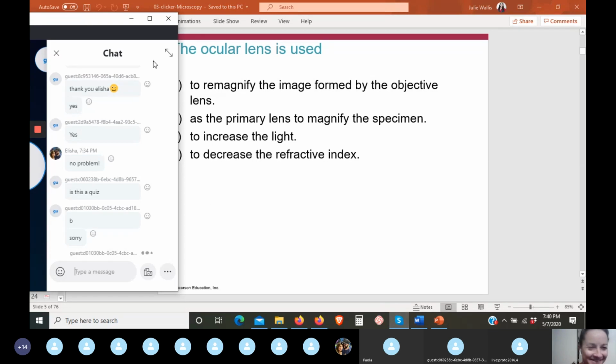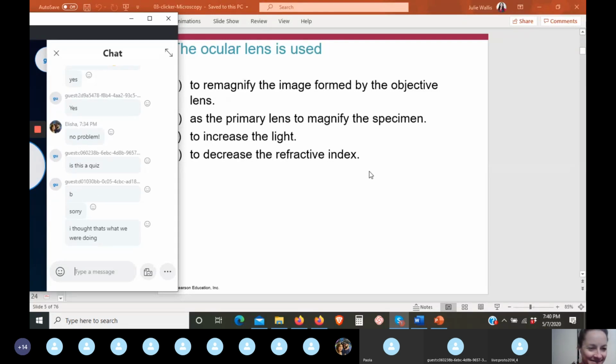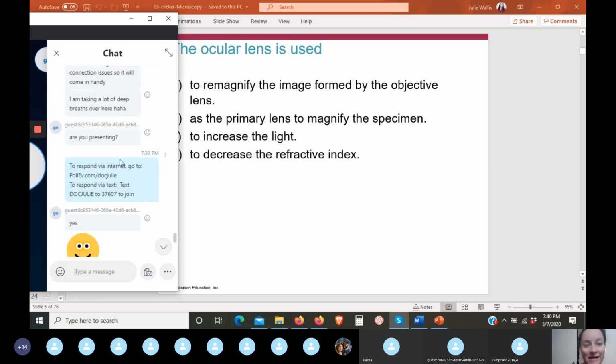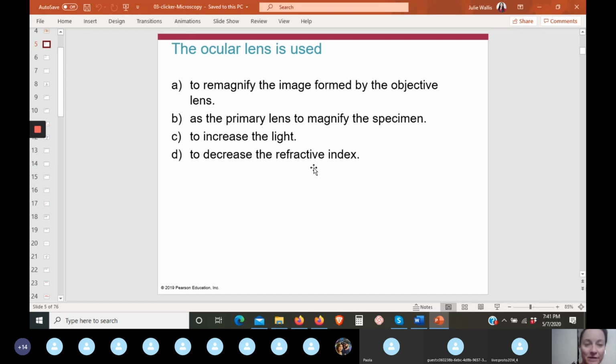It's okay. No, you enter it if you didn't. Maybe you weren't here when we did it. We're entering it on pollav.com. So if you're doing it on the internet, you can go to pollav.com/DocJulie. Or if you want to use your phone and respond via text, you text DOCJULIE, no spaces, to the number 37607 to join. And then after that, all you'll have to do is choose A, B, C, or D. You could do it in the chat, but it just makes me have to go back and forth. It's easier this way because I can actually see a graph.